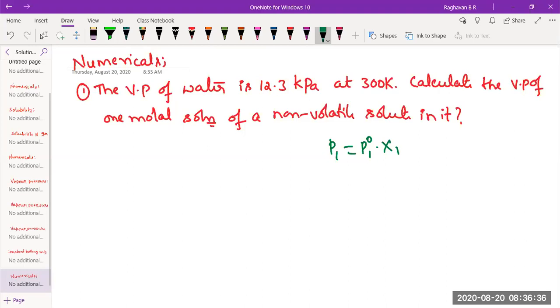You have to derive from it. Come on. Anyone has got the answer?